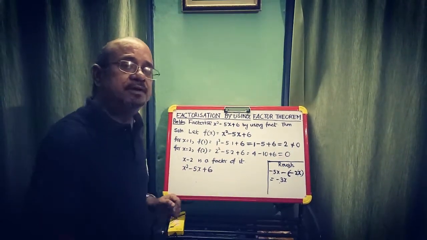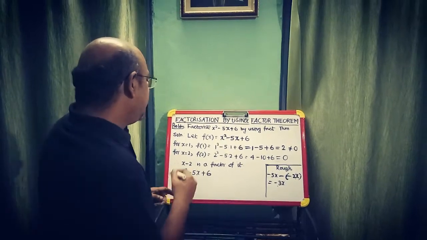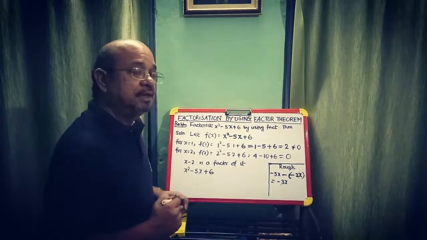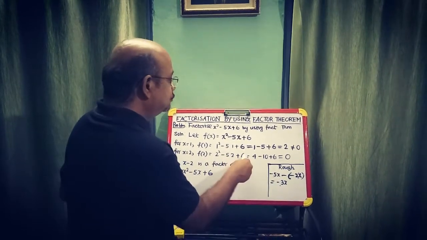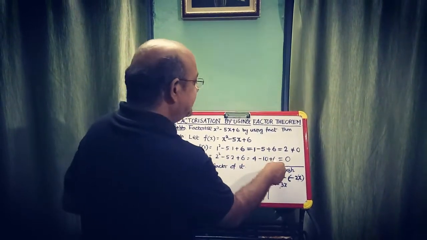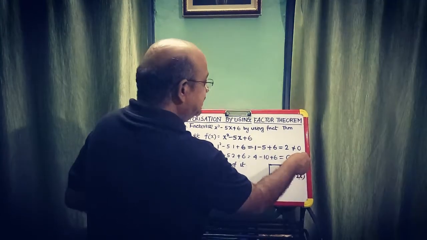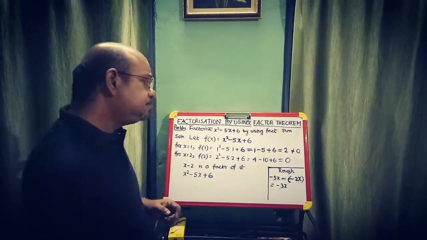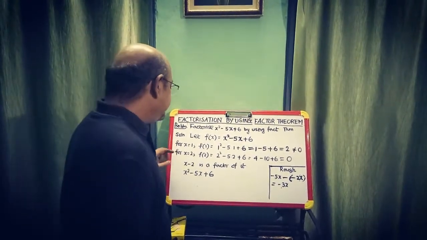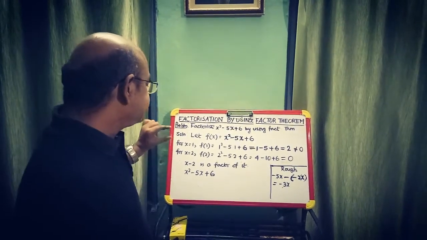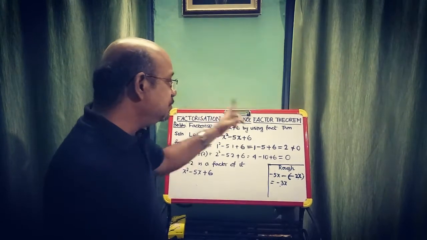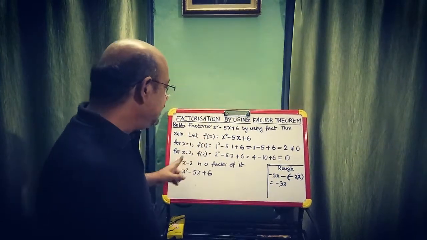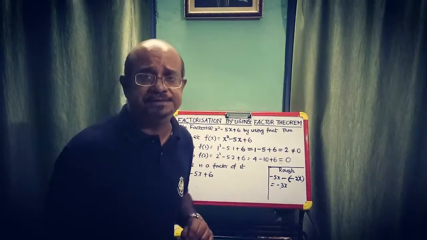So we move on to the next value of x. I substitute x equal to 2. f(2) is equal to 2 square minus 5 into 2 plus 6, 4 minus 10 plus 6, which has given me 0. So, by factor theorem, I may conclude that x minus 2 is a factor of it. Since f(x) is equal to 0 for x equal to 2, x minus 2 is a factor of it.